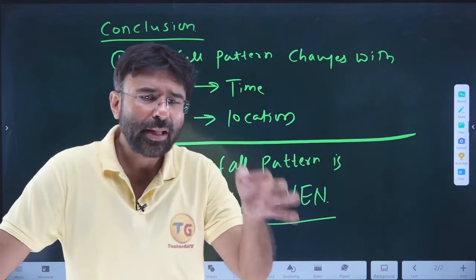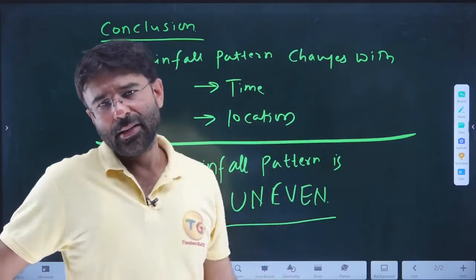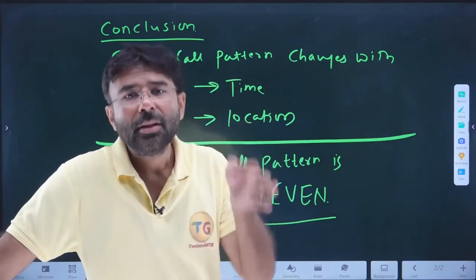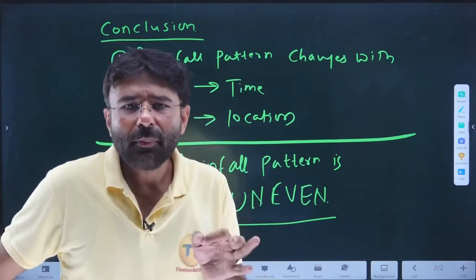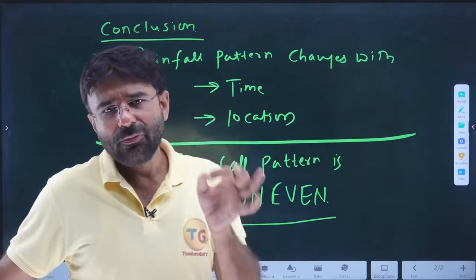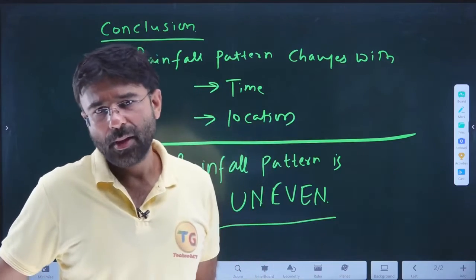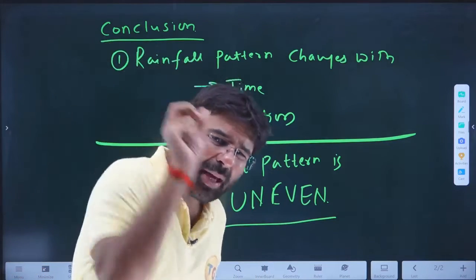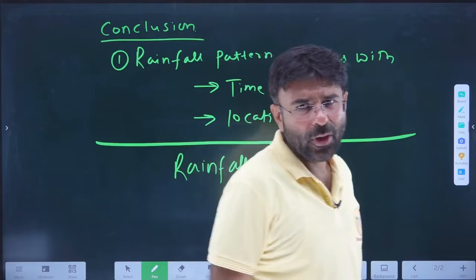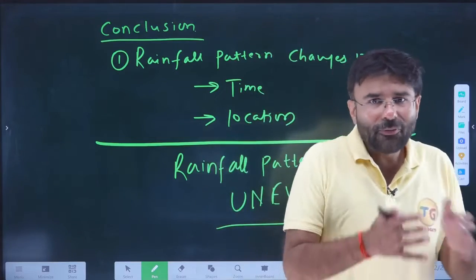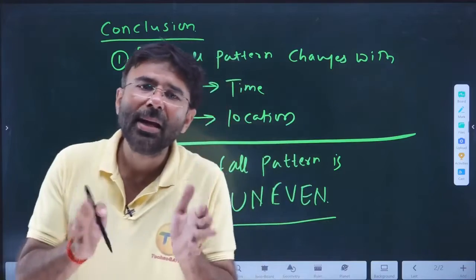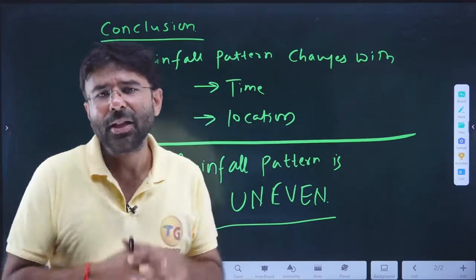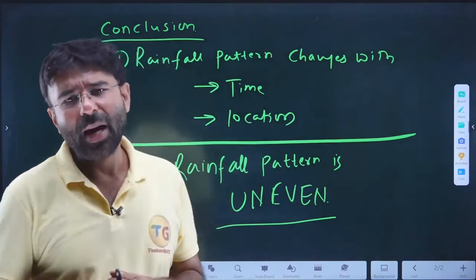So the growth of the plants and crops grown in that city at a particular area cannot be relied only on the rainfall of that area. Definitely I will require some extra water apart from the rainfall, because rainfall was not uniform, and if rainfall is not uniform, I cannot rely completely on the rainfall for the growth and productivity of my plants and crops.